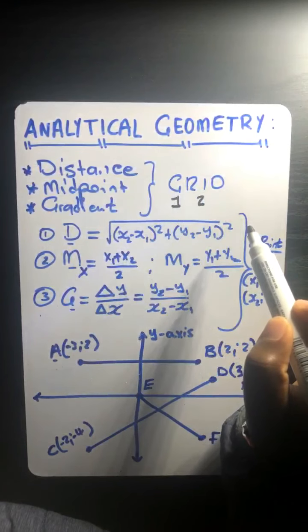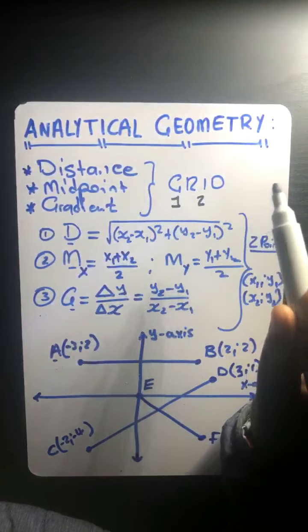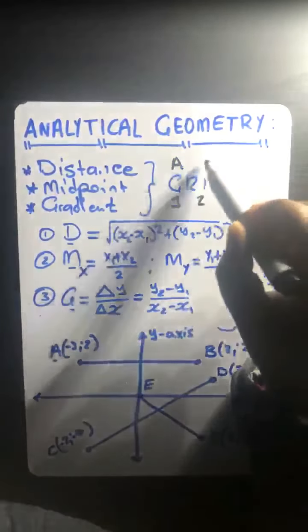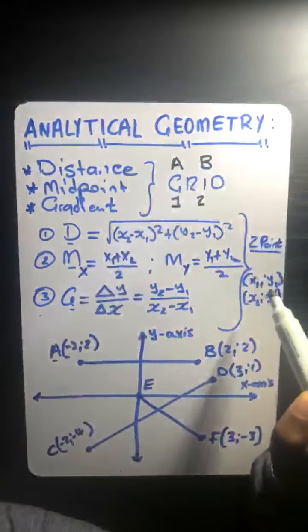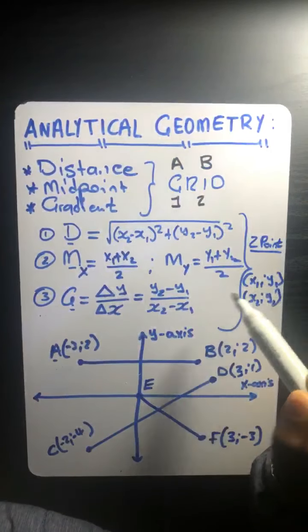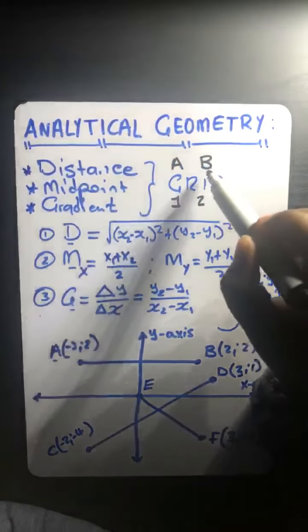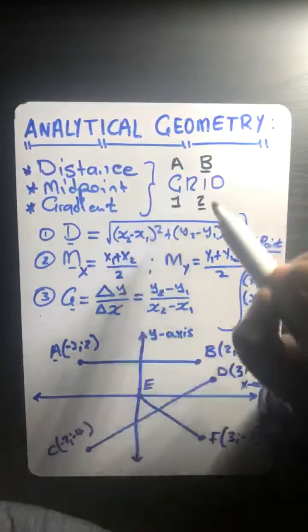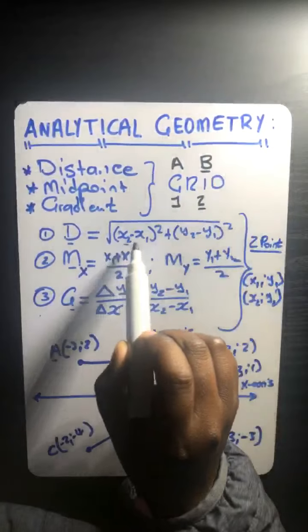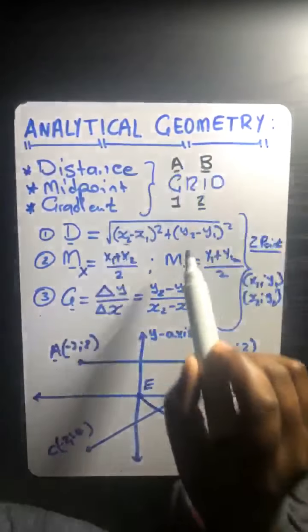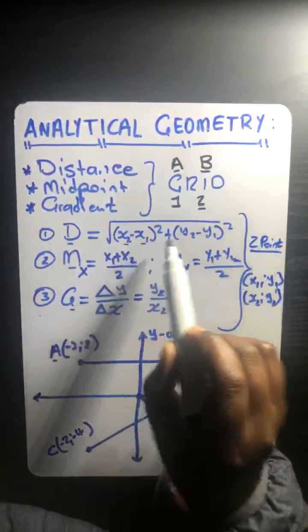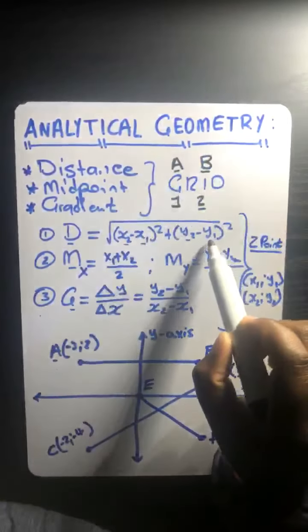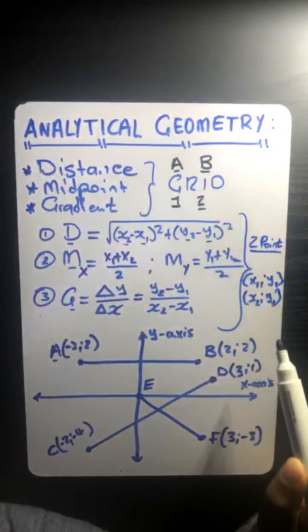Alphabetically, you first have A, then B. So you can just use your logic: the letter that comes second will be my second values, which means B is going to be your x2, and A is going to be your x1. In terms of y, B is your second value, and A is your first value.